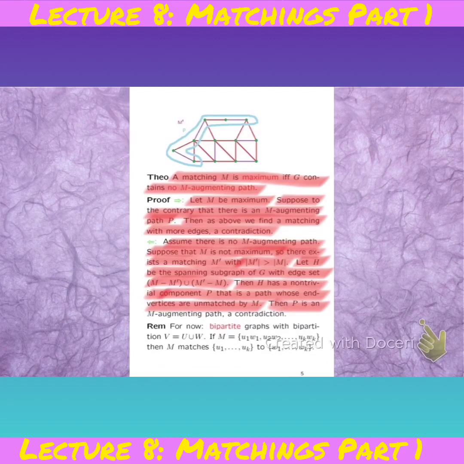And again, P is going to be an M augmenting path, which is a contradiction. So it takes those two little separate explanations together, and it throws them into a nice little characterization theorem.